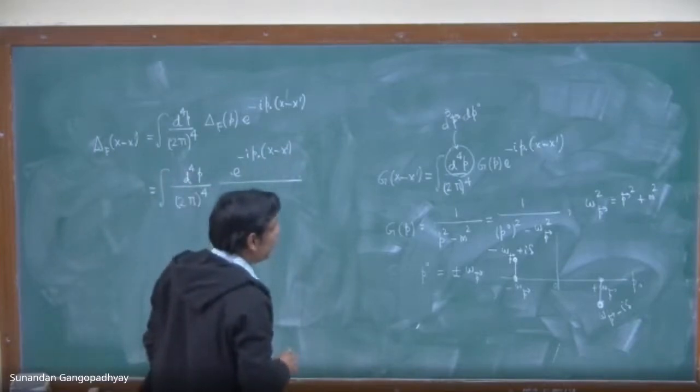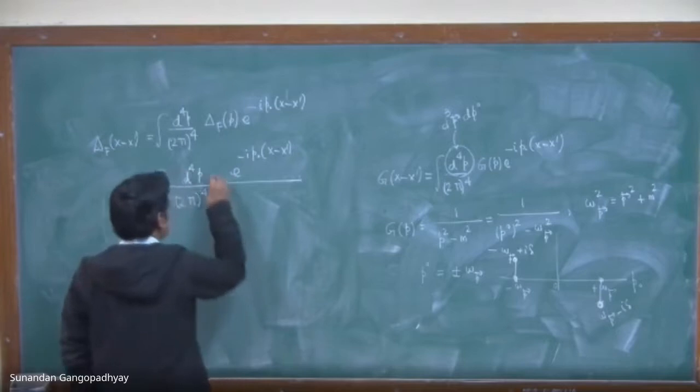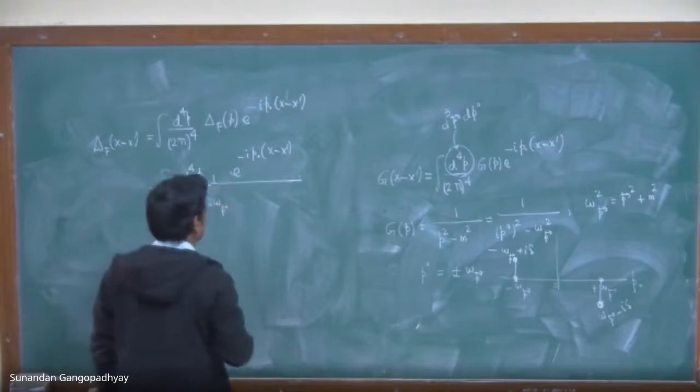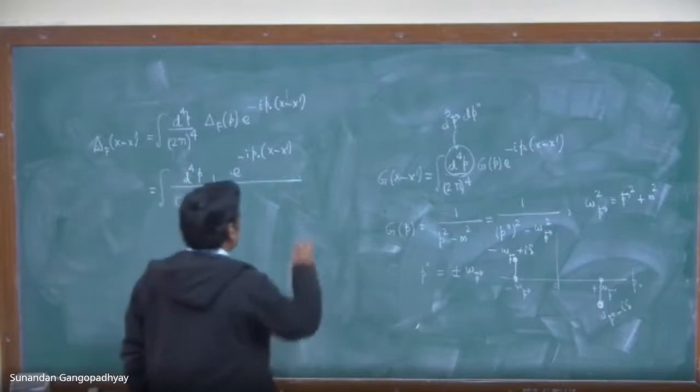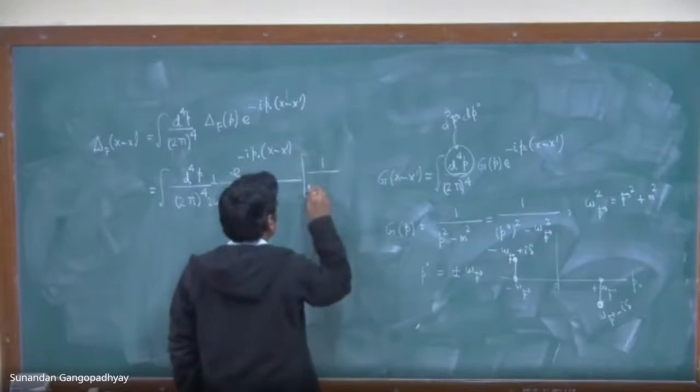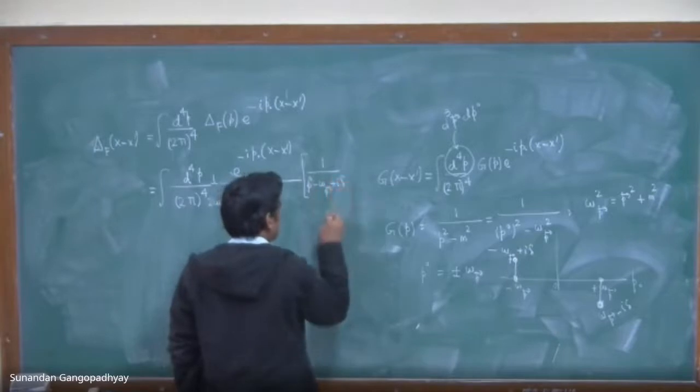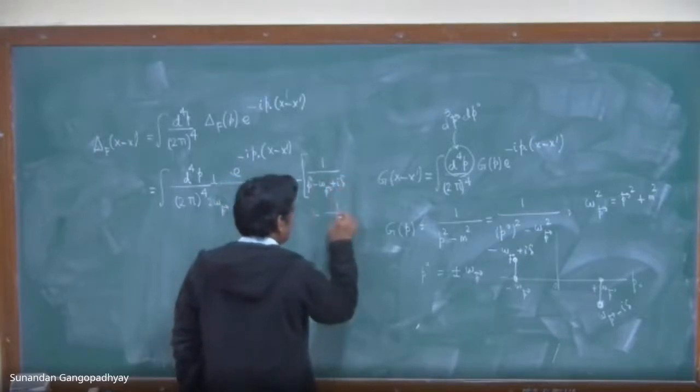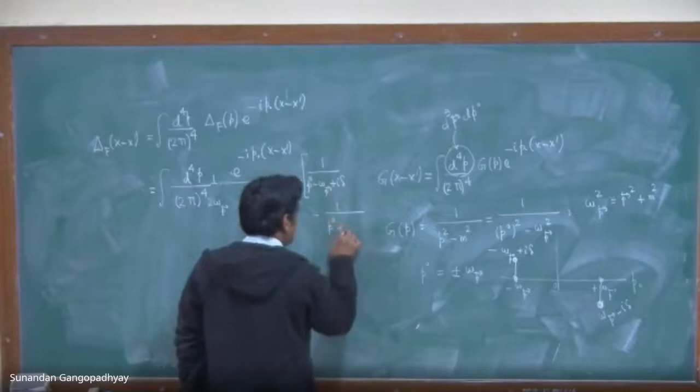But delta F of p we have just now seen that you can write in the following way: 1 by 2 omega p times 1 divided by p0 minus omega p plus i delta minus 1 by p0 plus omega p minus i delta.